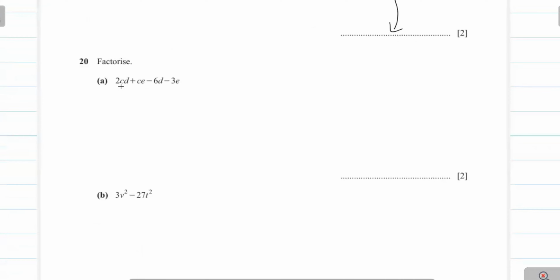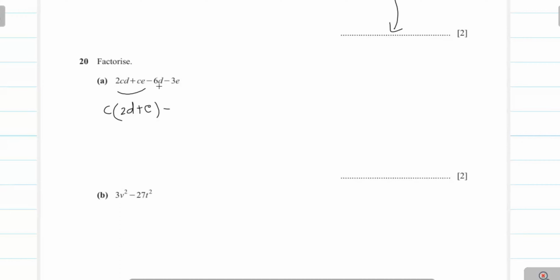Part A, factorize 2cd plus ce minus 6d minus 3e. We can factorize this expression. Firstly, we will take the common from the first two terms. You see here c is common, therefore the two terms become c into 2d plus e.